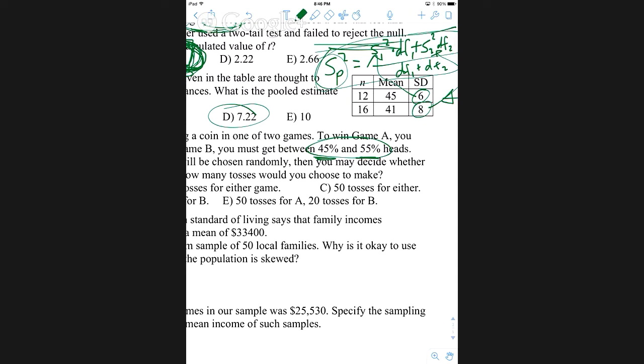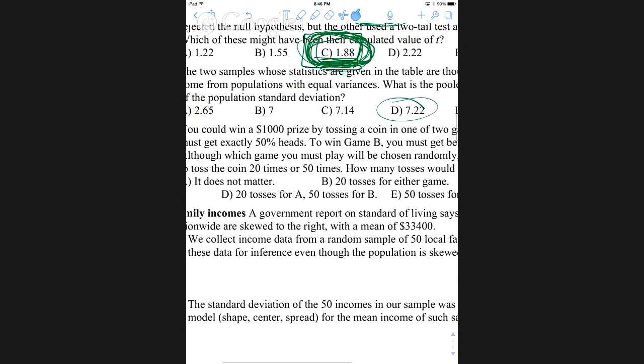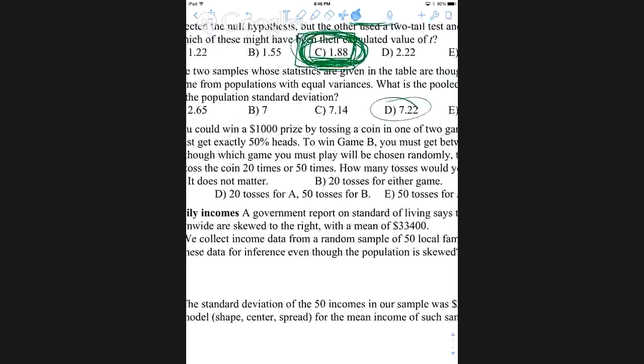Now for game A, I have to get exactly 50. And it's actually harder to get exactly 50 with a higher sample size than with a smaller sample size. If I do 2 flips, the probability of getting heads the first time is 1/2, and the probability of getting tails the second time is 1/2.